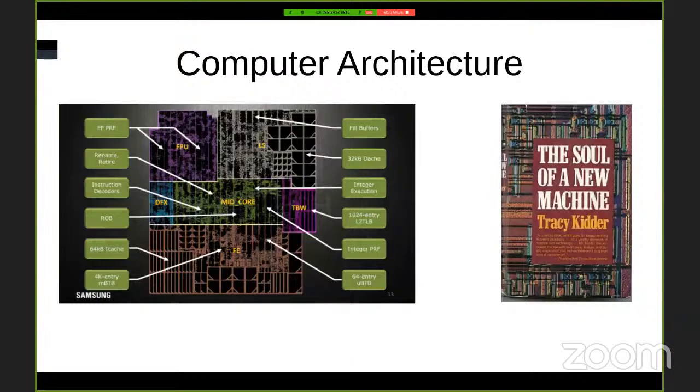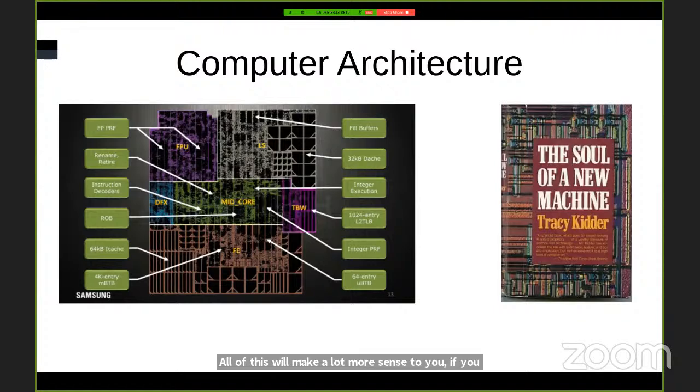You have other parts of it which do various other things. So LS, for example, is the part that loads data. All of this will make a lot more sense to you if you take a computer architecture course.